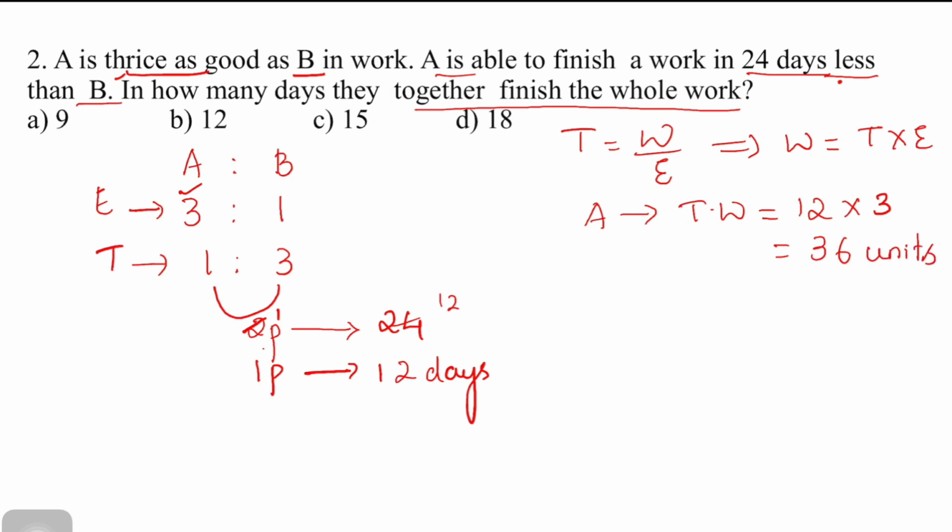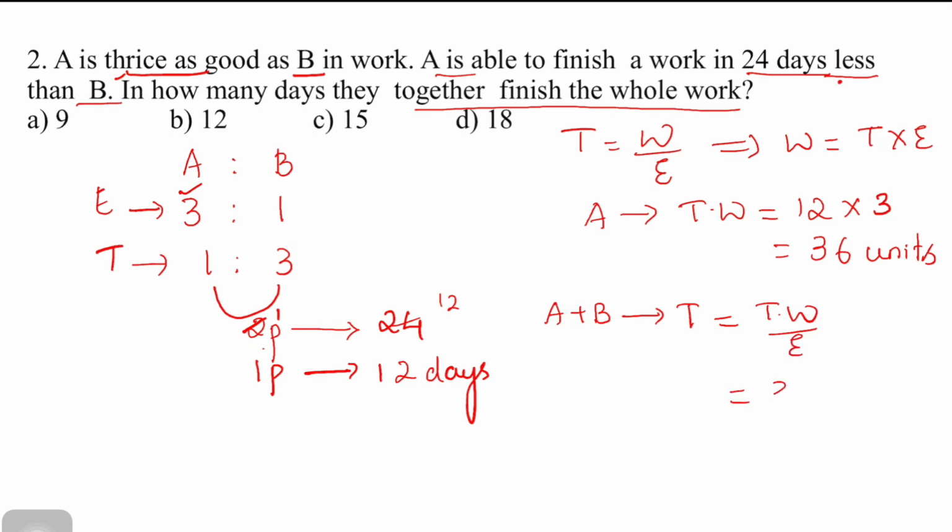Why did we derive this total work? Because if we know the total work, only then can we find out the total days A and B will take to finish the work. So A and B together will take total work divided by efficiency.